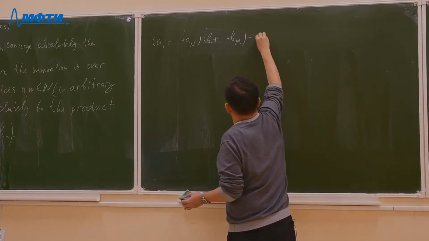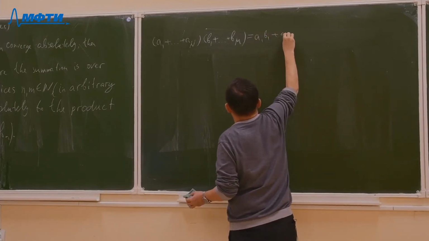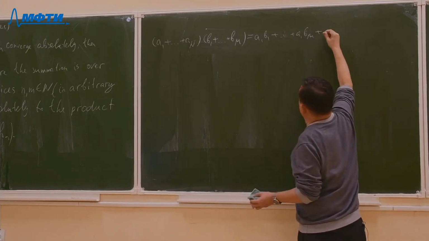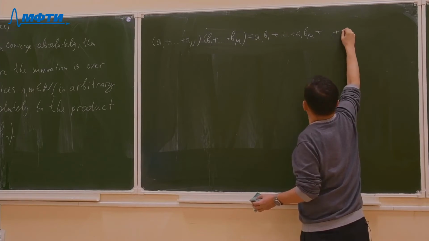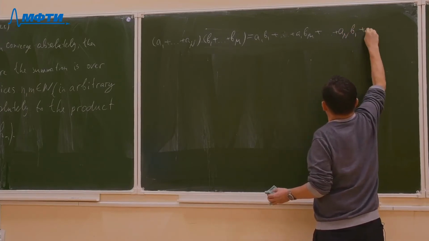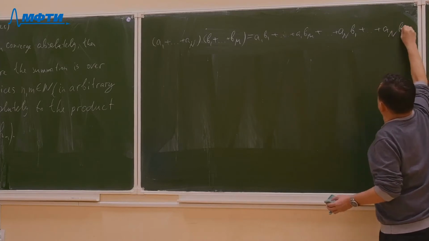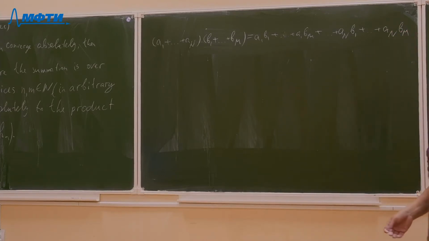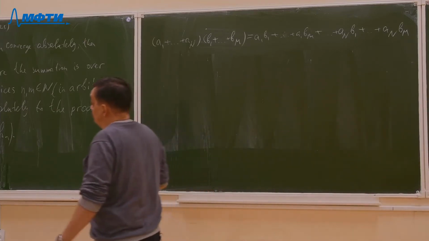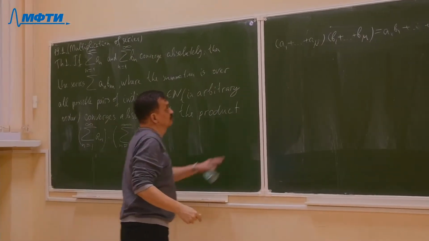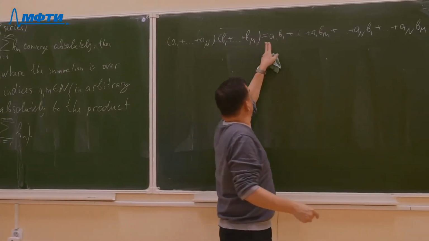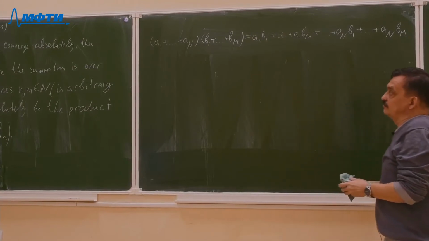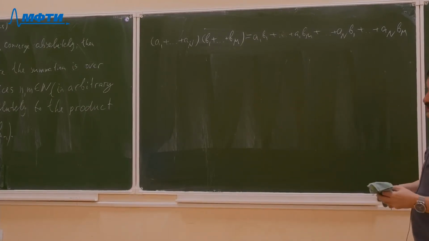So that is A1 B1 plus so on A1 Bm, sometimes we do it like that, plus An B1 and so on An Bm. So we consider all possible products, all possible pairs of indices from 1 up to n and from 1 up to m, and that is how we proceed with multiplication of finite sums.